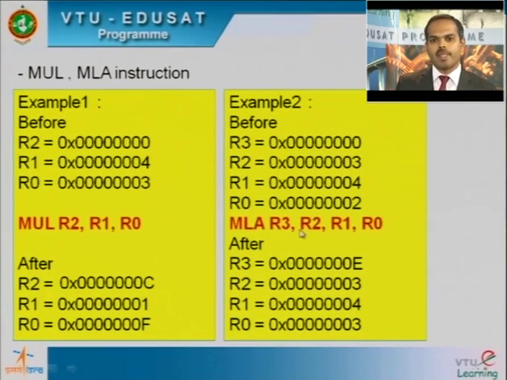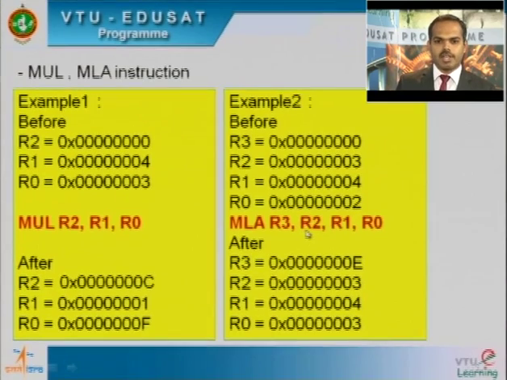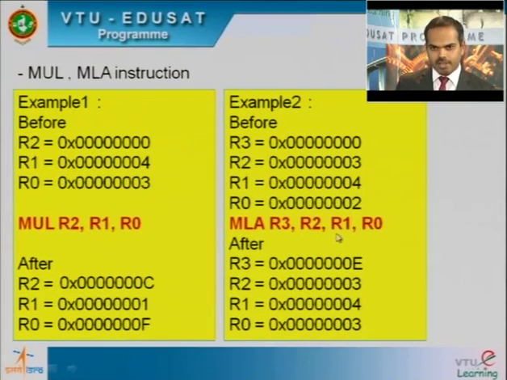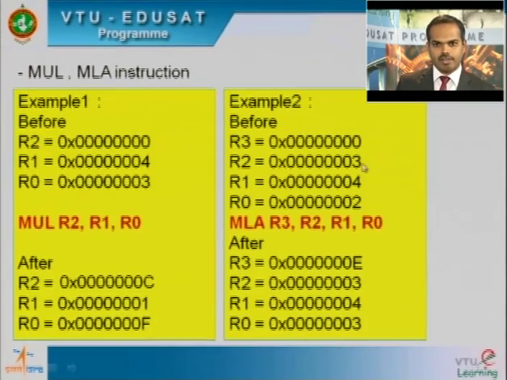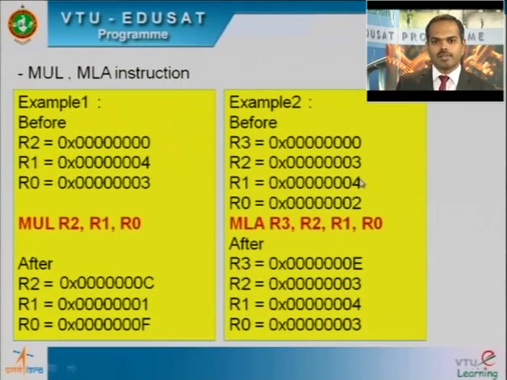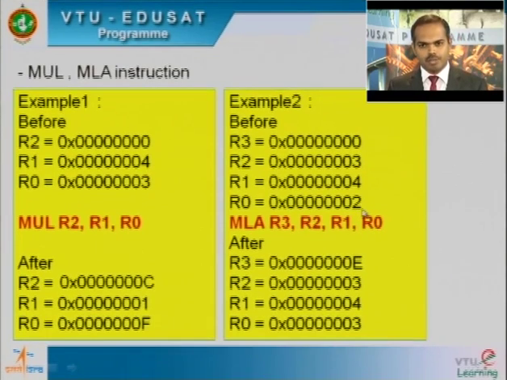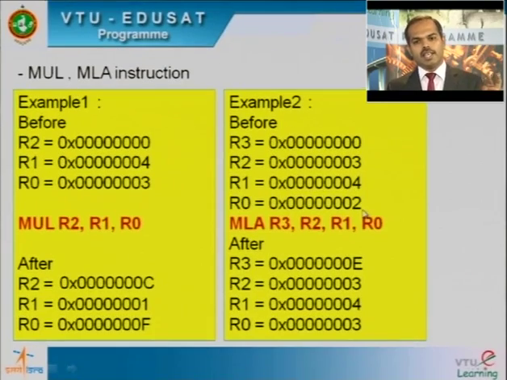Hope this is clear. Please note that it is a multiplication between R2 and R1. The content of R2 is 3, the content of R1 is 4. The result is 12. In hexadecimal it is C. C is added with R0, whose content is 2, giving E. That's why the resultant register R3 holds E as the value.